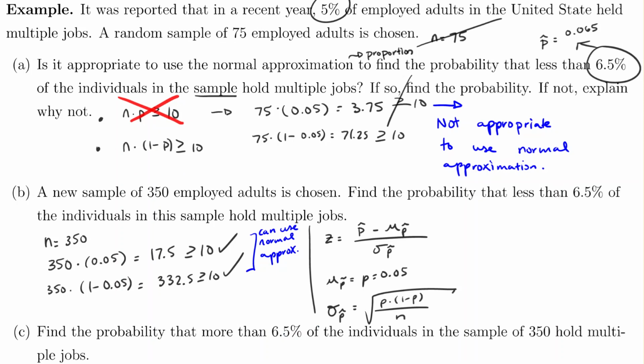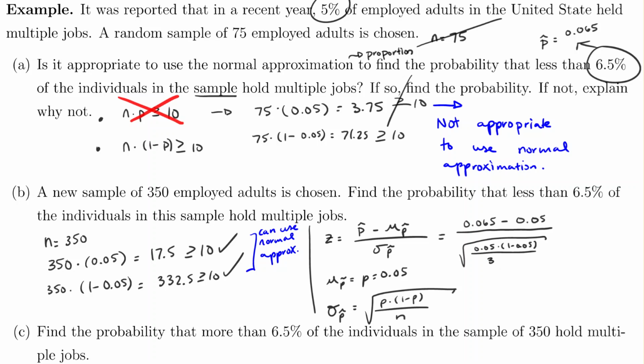So for this particular problem, my z-score is my sample proportion, which is 0.065, minus my mu of p hat, which is our population proportion, 0.05, divided by the square root of 0.05 times 1 minus 0.05 divided by the new sample size.